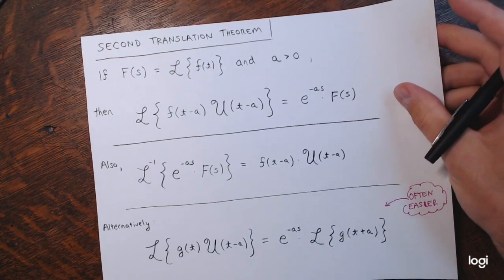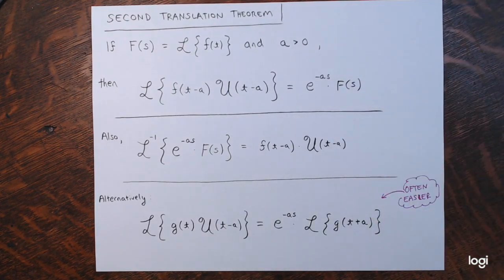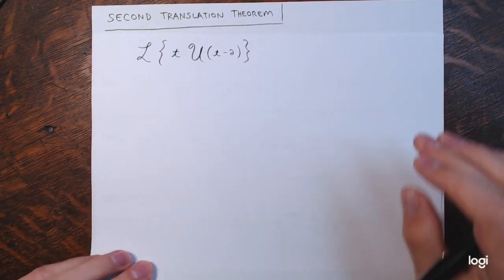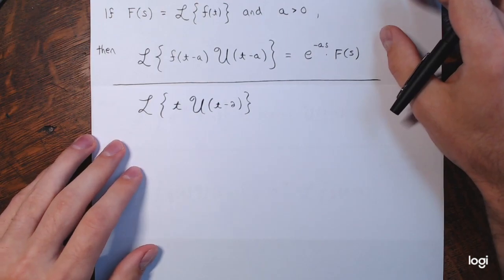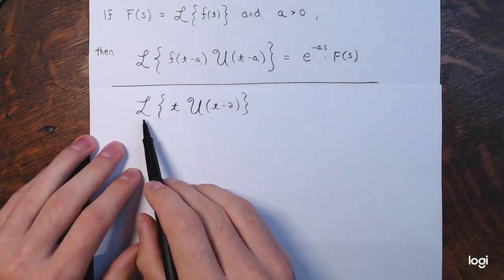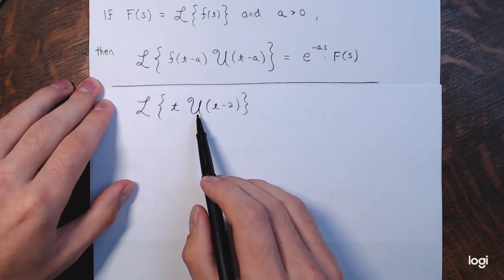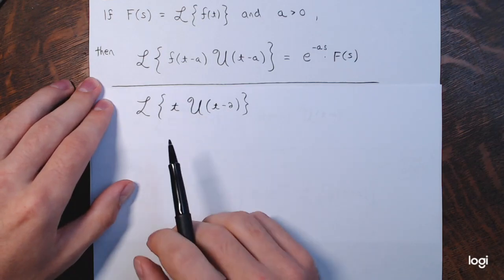Okay. All right, so again, keeping this on my desk here. Next example. All right. So next example is, what's the Laplace transform of t times the unit step function at t minus 2?